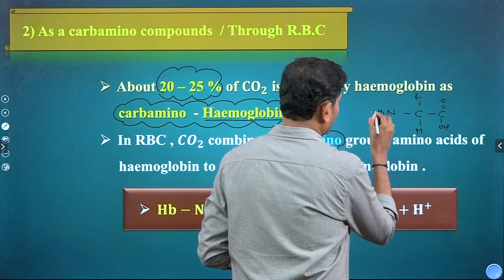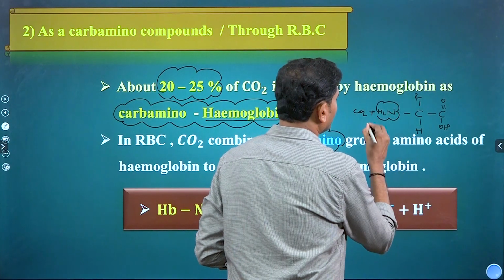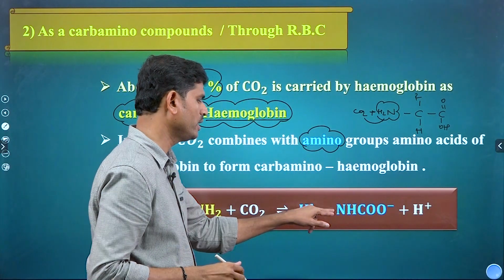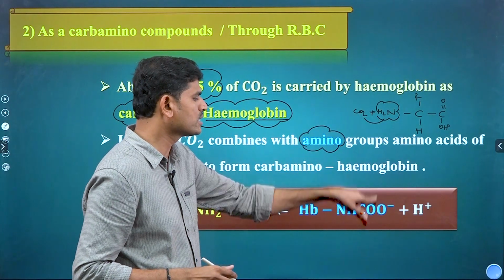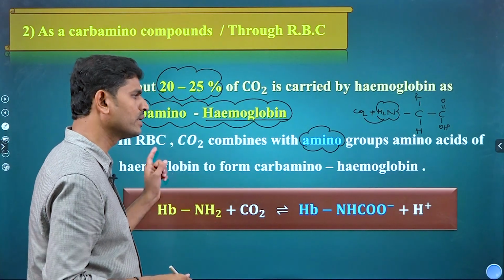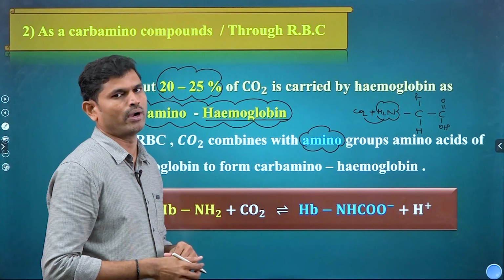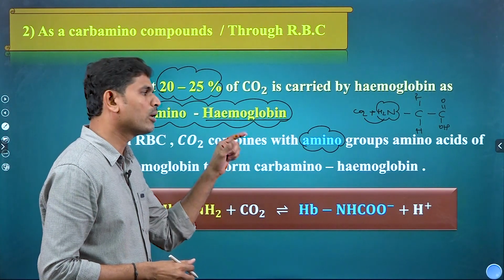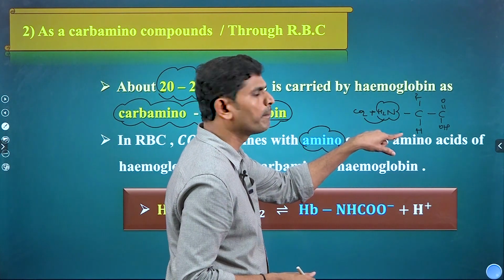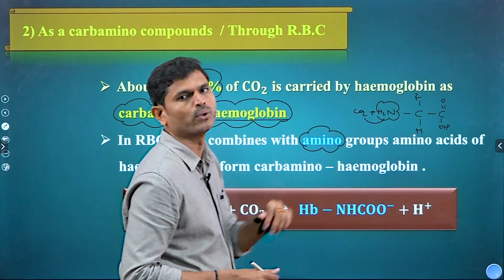With this amino group, carbon dioxide forms a bond, so a carbamino compound is formed, HbNHCOO. Already we discussed that the iron atom forms a bond with oxygen, but carbon dioxide forms the bond with the amino group of polypeptide chains, which are parts of the globin protein.